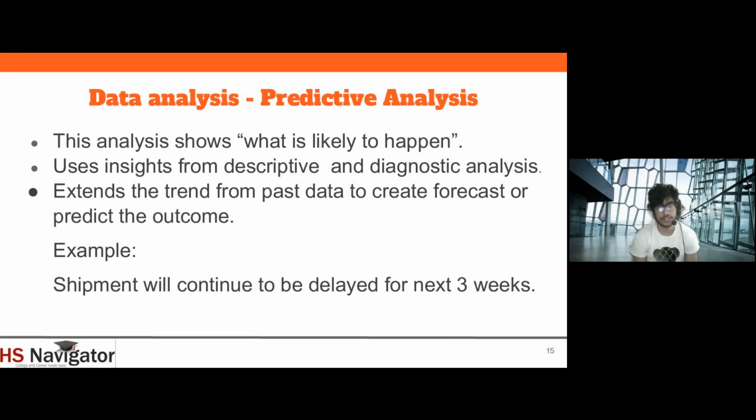You use insights from descriptive and diagnostic analyses and extend the trend from past data to create a forecast or predict the outcome. For example, the shipment will continue to be delayed for the next 3 weeks is one of the predictions you can make based on data from your diagnostic and descriptive analyses.